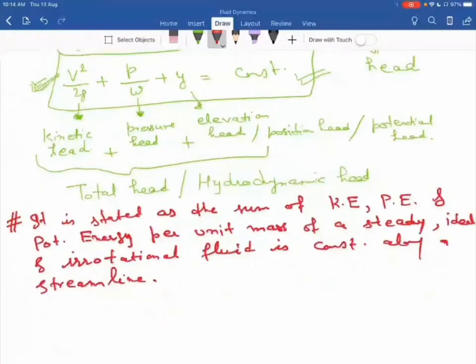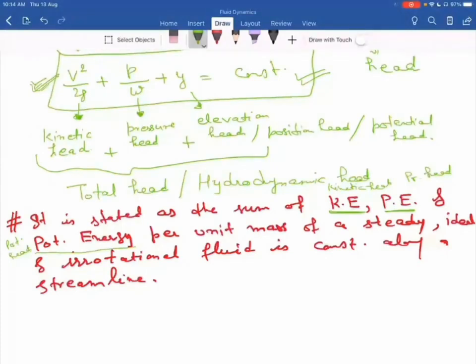You can also state it in another form. It is stated as the sum of kinetic head, pressure head, and potential head. Then per unit mass will not come; head means it is energy per unit weight.